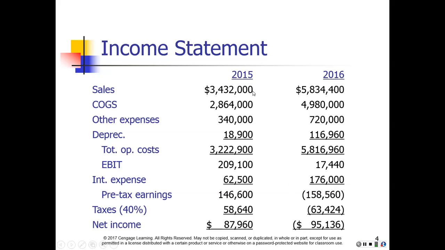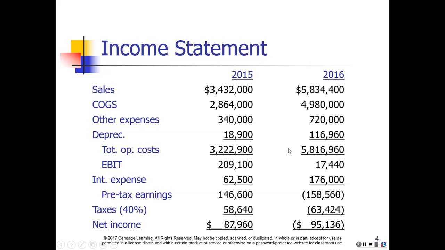So we have numbers for 2015, we have numbers for 2016. Well, we can immediately see that the sales have grown quite a bit, right? But there are other things we can notice. It looks like the total operating costs are much higher. The cost actually exceeds the growth in sales.